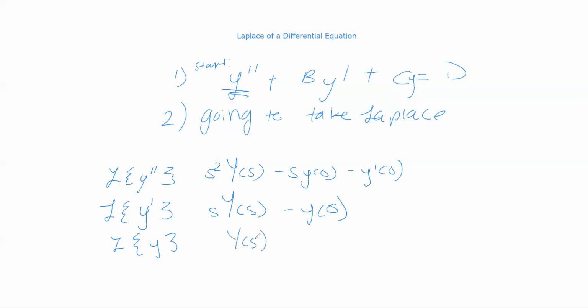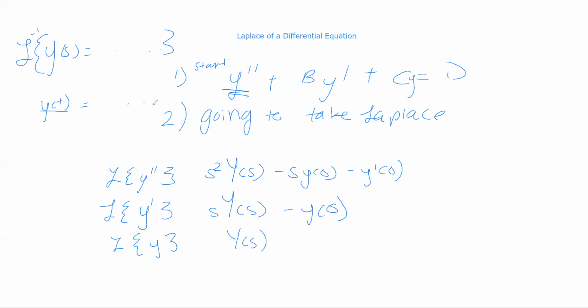So you're going to take the Laplace of everything. Any functions you would do the normal Laplace of. When you have these y and y derivatives, you're going to plug these things in. And then we're going to go ahead and solve for Y of s. We want one Y of s function, because that means if I have Y of s is equal to something crazy and I do the inverse Laplace of both sides of this function, this goes back to being y of t, which should be my original function, and then I have all this crazy stuff on the other side.